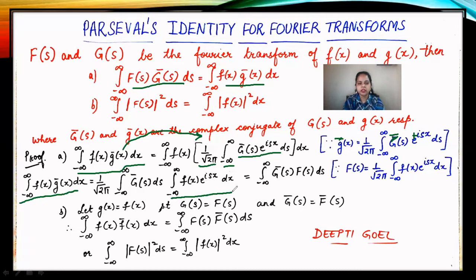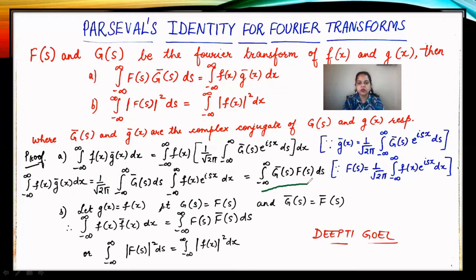This is just a rearrangement of the terms, and we club this 1 by root of 2 pi with the second integral, and this second integral is nothing but the basic definition of the Fourier transform, which is f(s). So we have the equation that it is equal to the integral from minus infinity to infinity of g bar s into f of s into ds.